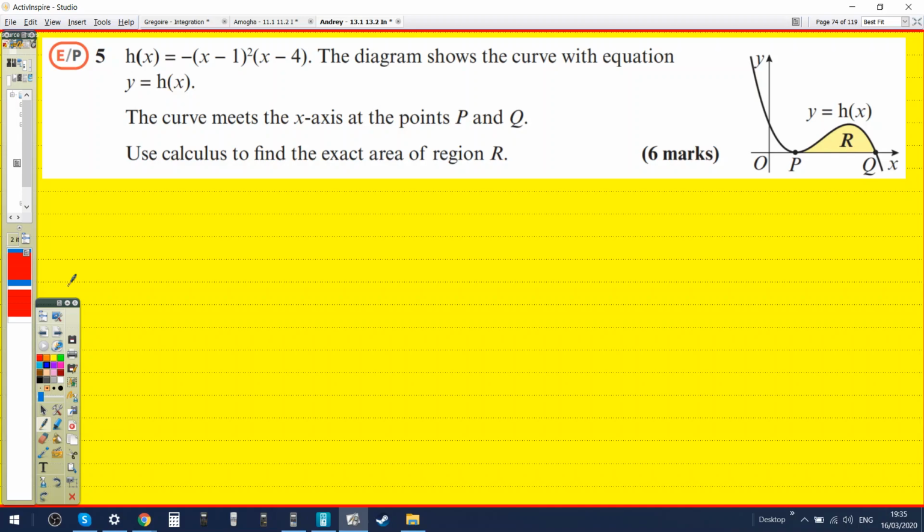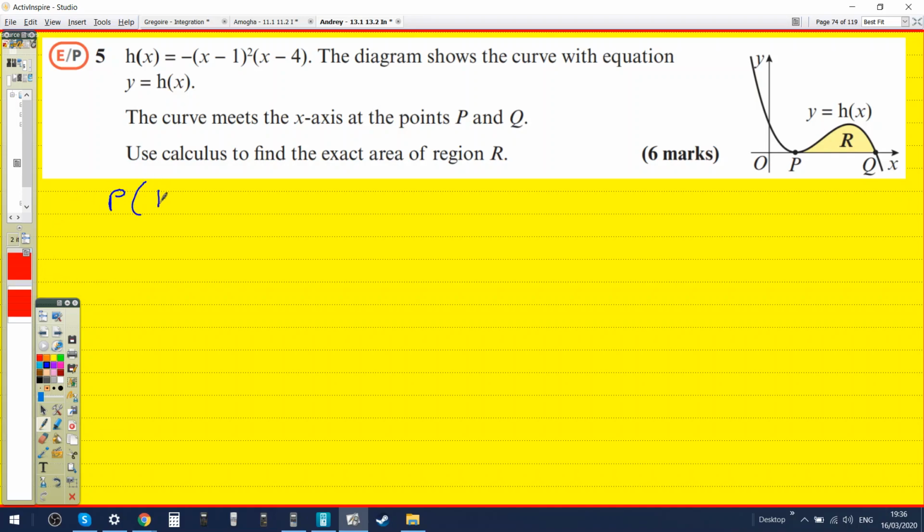And then that would be... and then the roots would be 1, 0, and q is equal to 4, 0.